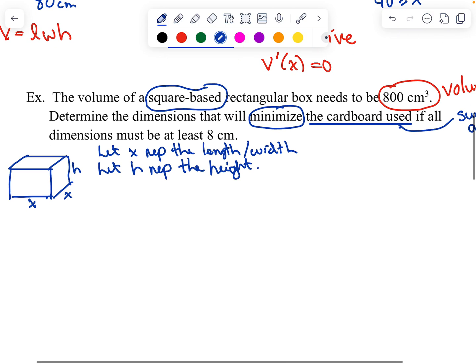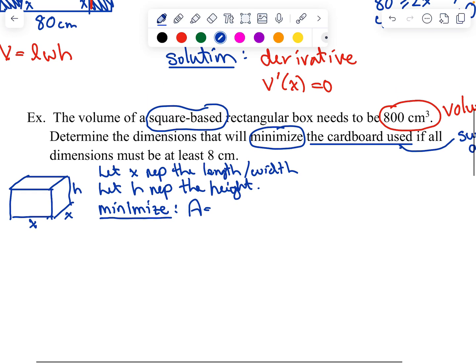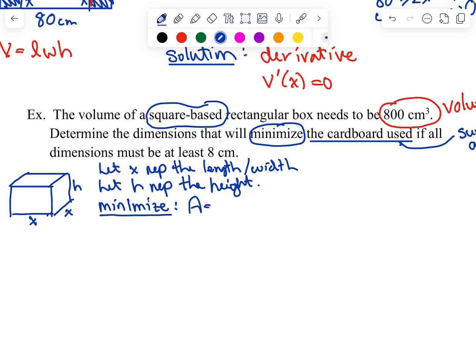The first step in my problem is that I'm trying to minimize something this time. So I'm going to create my equation. I'm going to minimize the surface area. You need to remember that the surface area is just the area of all the surfaces.